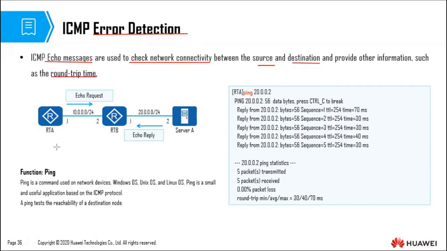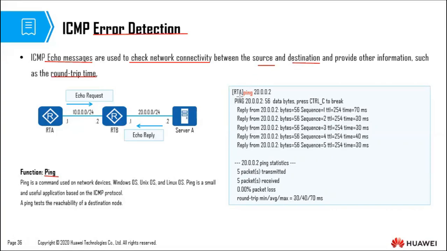One of the common applications of the ICMP echo message is the ping application. The ping command is used on the network devices on almost all operating systems in order to test connectivity and reachability, and it uses the ICMP echo message.